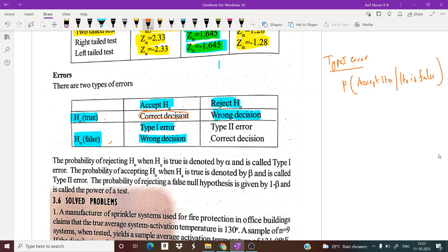Type 2 error is the probability of accepting H naught.